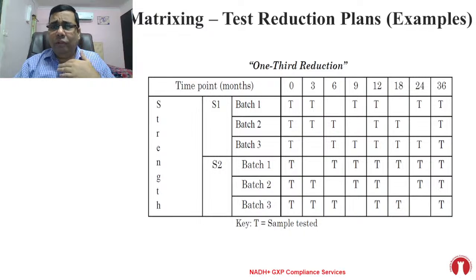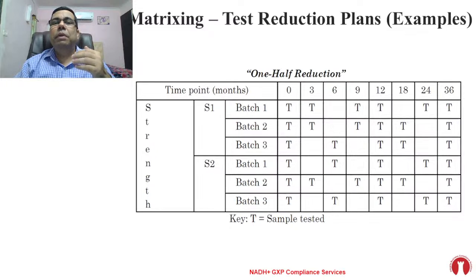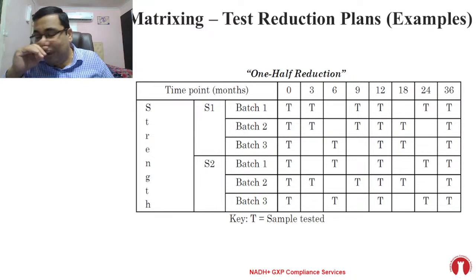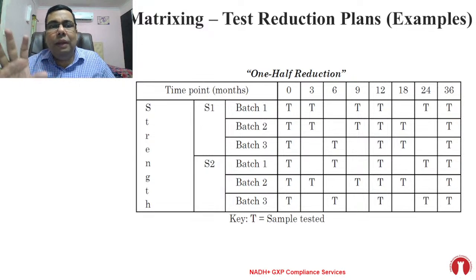Similar logic is applied here in the 1/2 reduction. You can just have a glance. If you want, you can pause the video and go through this screen. The same logic is applied here. Just a minute, the slide will come in a couple of seconds. You can see here at 3 months, this is a 1/2 reduction.